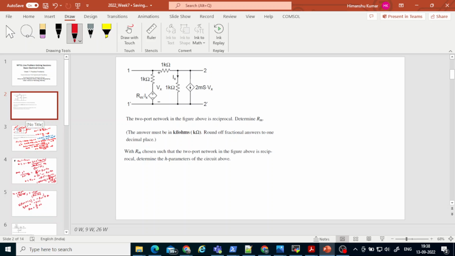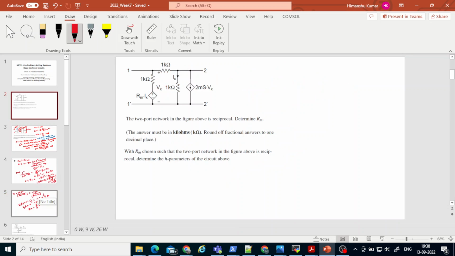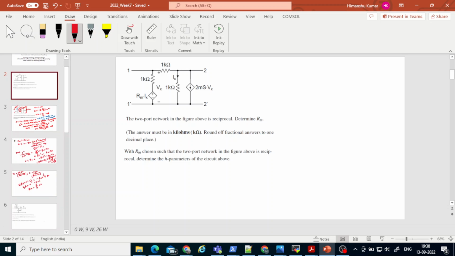Since we have found h11, h12 and h21, now we need to find h11 and h22.